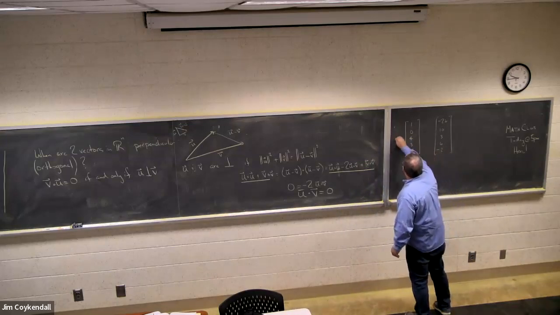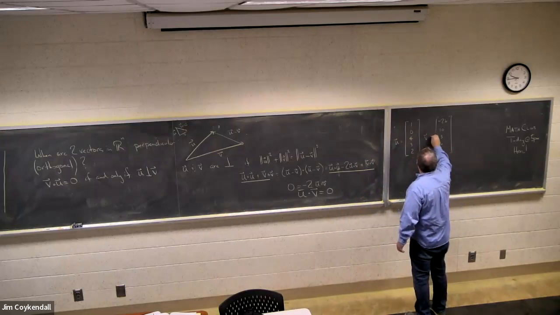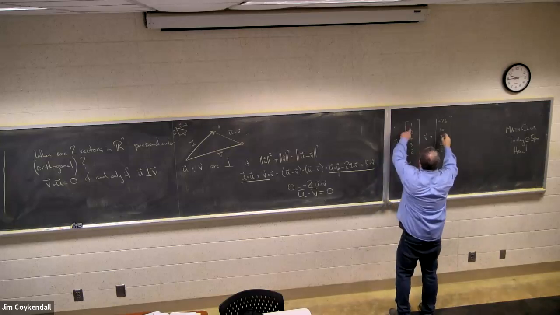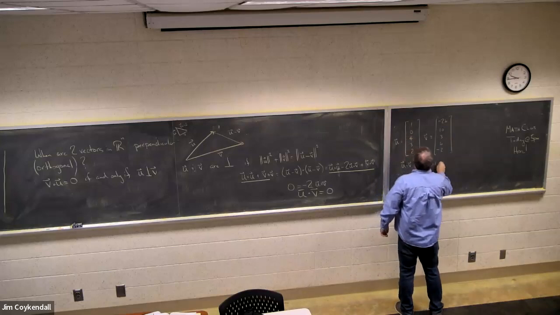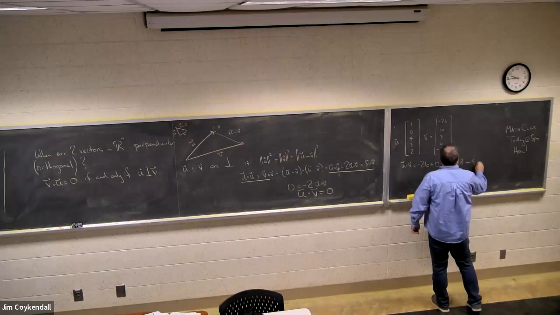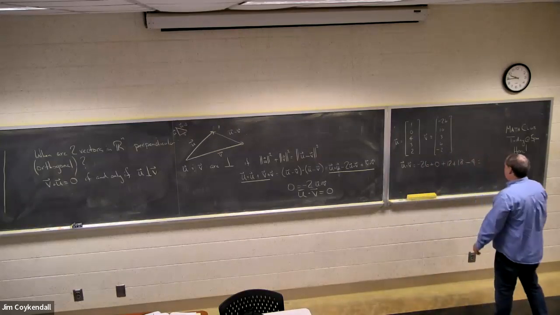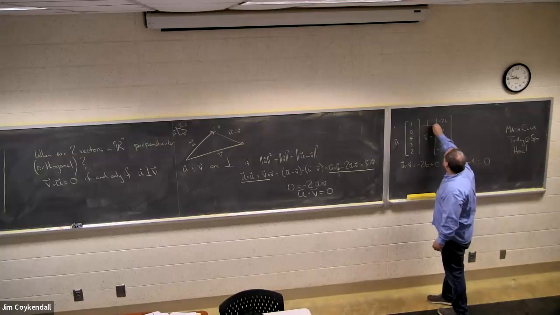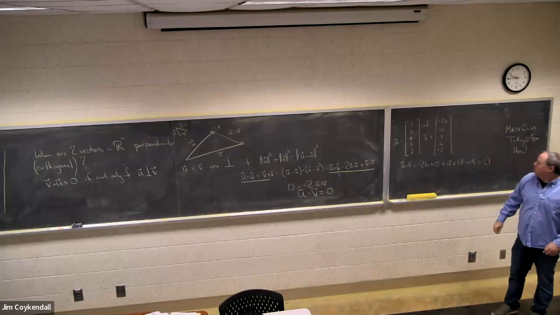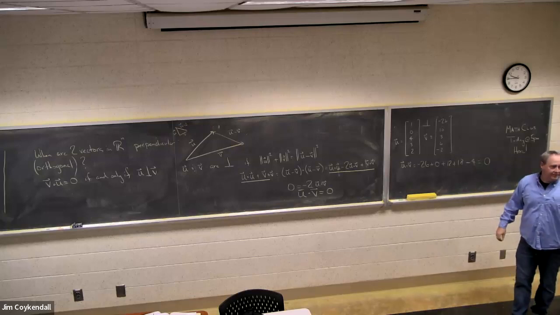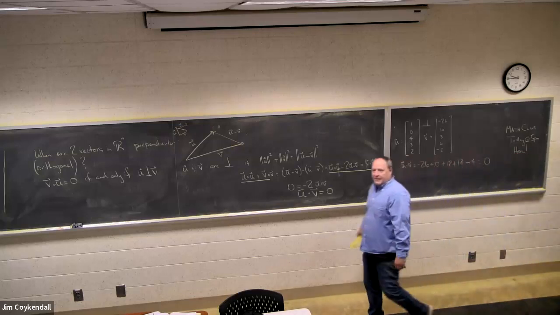Notice this is negative 26 plus 0 plus 12 plus 18 minus 4, and this comes to 30 minus 30 is 0. So these two are actually not at all clear from looking at it, is it? Right, but these two, wherever they sit in five-dimensional space, sit at right angles to each other. Any questions?